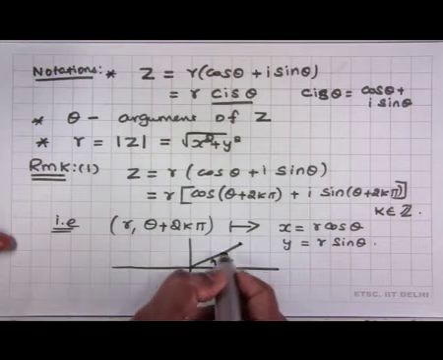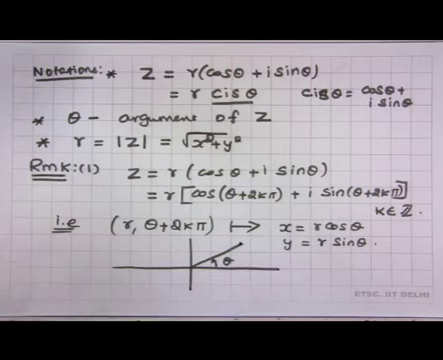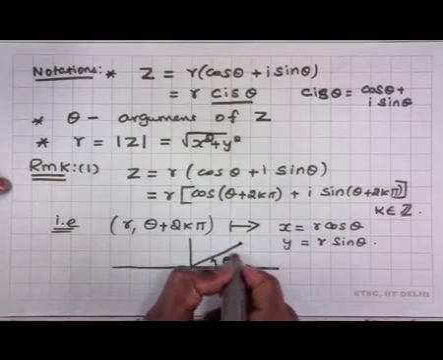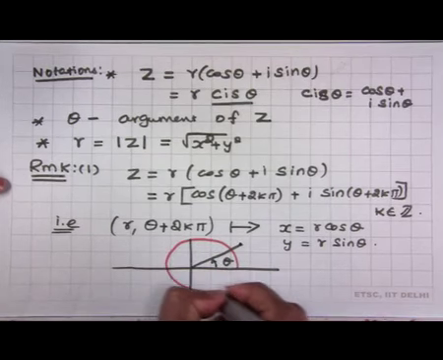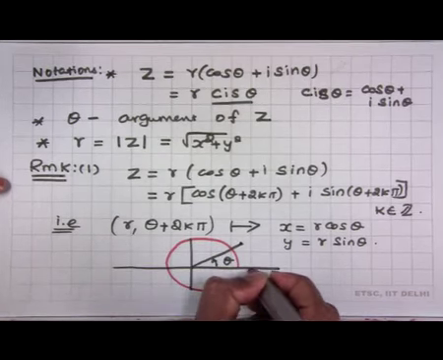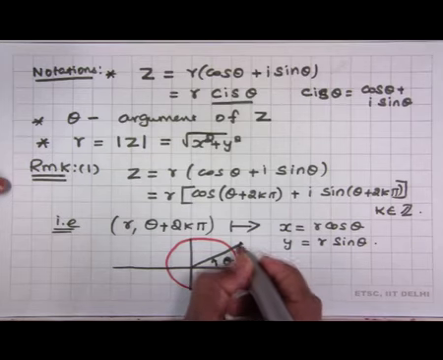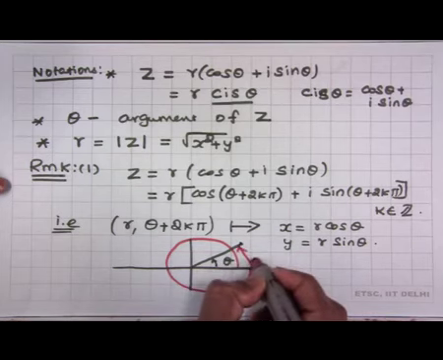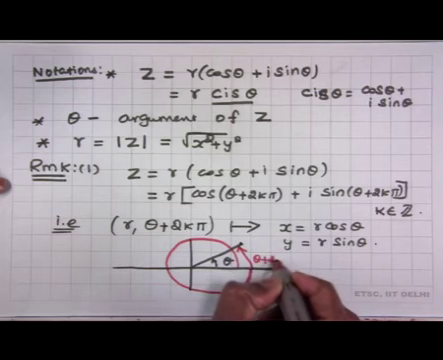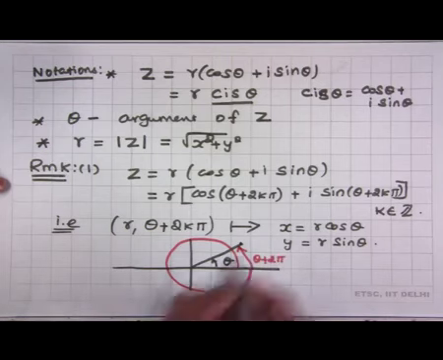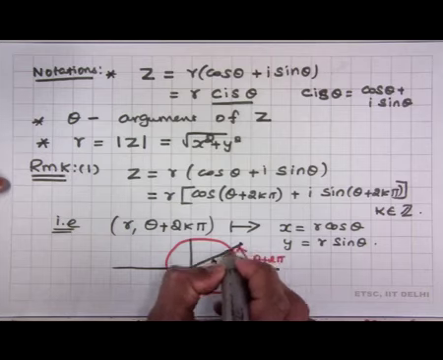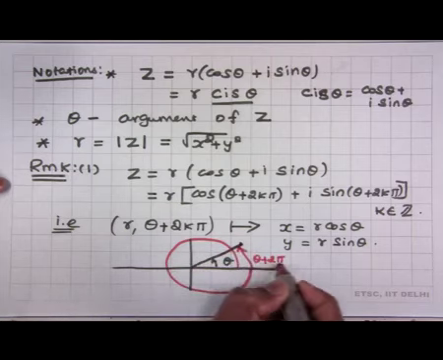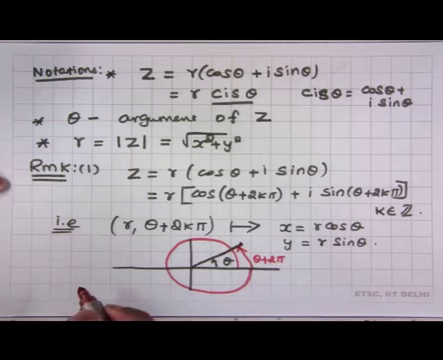Now, the same line can be measured by going one cycle by 2 pi and then further this theta, which means theta plus 2 pi.